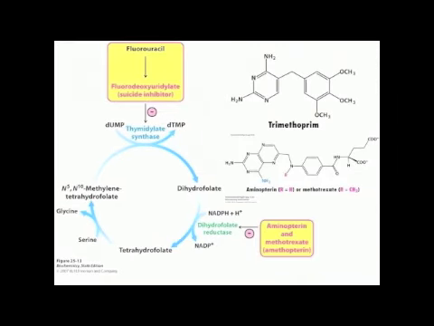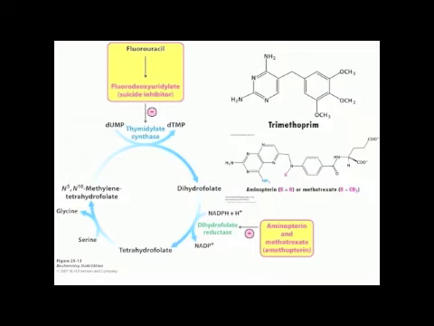And so since this cycle is used in the production of TMP and not any of the ribonucleotides, if we target this cycle, we can shut down DNA synthesis. And so potent chemotherapeutics are used for this.